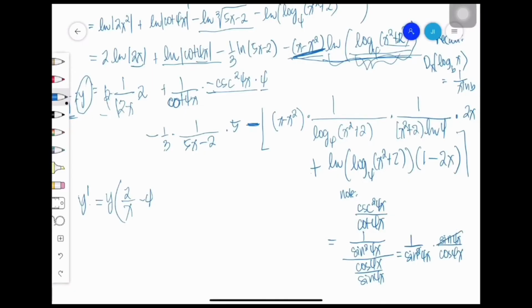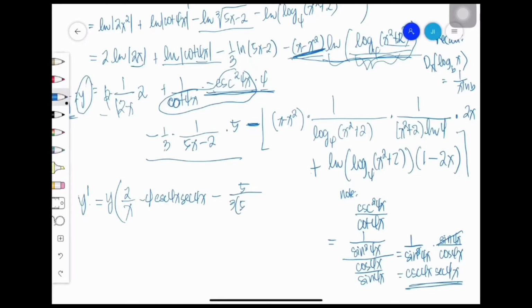This will cancel out, so we'll have 1 over sine 4x times cosine 4x remaining, or by reciprocal identities again, this becomes cosecant 4x secant 4x. This means that this next term is negative 4 cosecant 4x secant 4x, since this thing here looks like this. Okay? Minus, the third term is 5 over 3 times 5x minus 2.